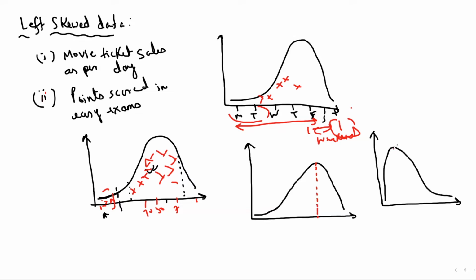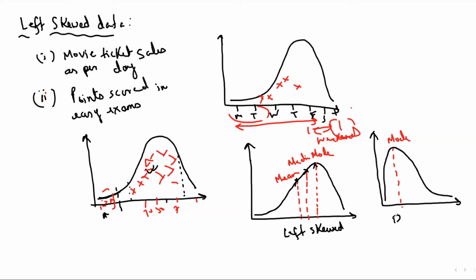Yeah, so here, this is the mode. This is the median. And this is the mean. So these are the measures of central tendency for left skewed data. So mean will fall somewhere here, median will fall somewhere here, and mode will be at the top.